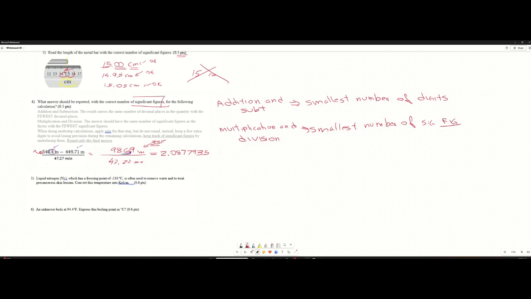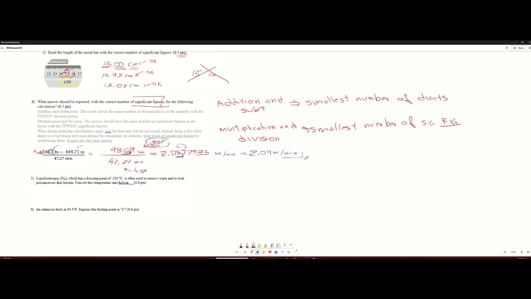Here I have three significant figures, and here I have four significant figures. So the smallest is 3. So my final result must have 3. Don't forget the unit, okay? So 3 will be 1, 2, 3. So I need to stop over here, right? So my final result will be 2 point, since this is bigger than 5, I will increase 1 over here, so it will be 2.09 meters per minute.